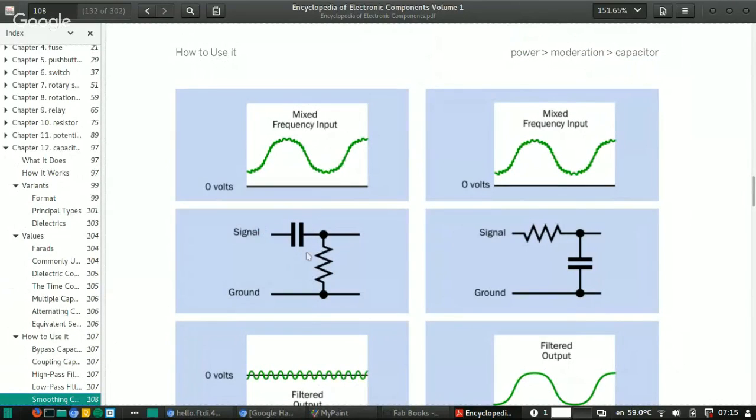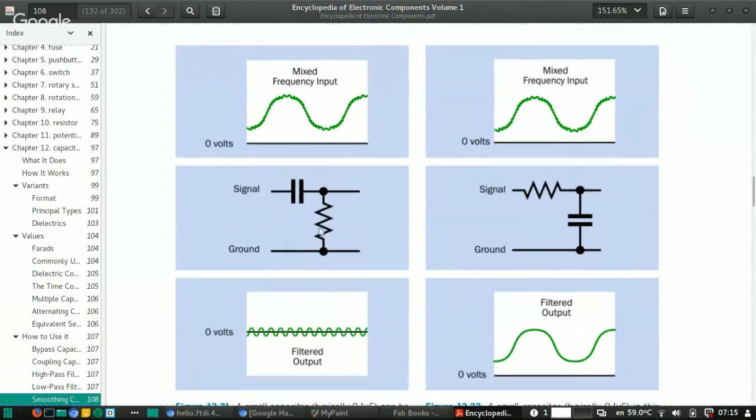Yeah, and you see, in here, he's also using this resistor to filter. Like the filter is the combination of these two.